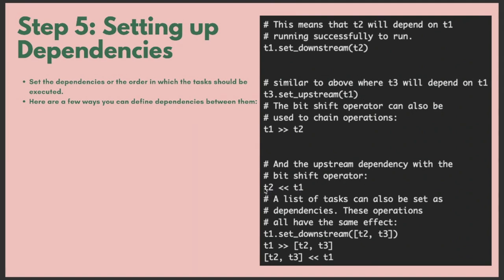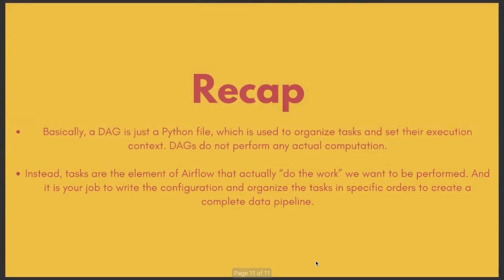In some scenarios we need to run 2 tasks at the same time. In those cases you can just enclose them in an array bracket and send it as a parameter. As the last line you can see T2, T3 shifted by less than less than T1. That basically means after T1 these things should be done.